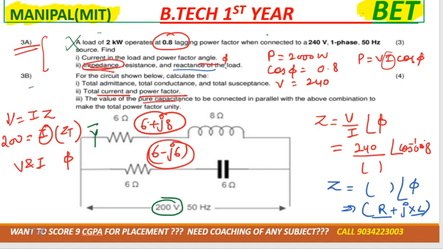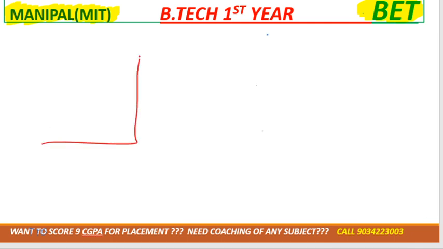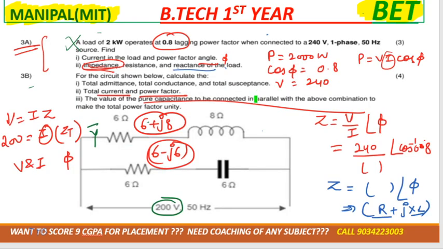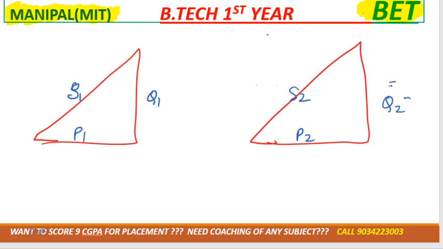Now they are asking the value of pure capacitance connected in parallel. Again we need to draw, as I told you, for these kinds of cases we have to draw the power triangle: P1, S1, Q1, P2, Q2, S2. In this question they said the power factor is unity for the new case, so Q2 is 0, P2 is equal to S2.